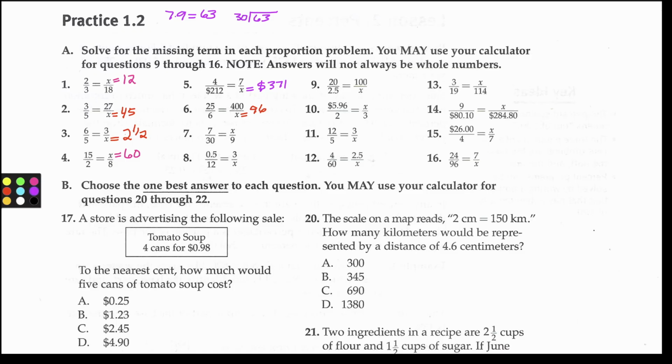So how many 30s are there in 63? It looks like we have only 2 times, right? So 2 times 30 is 60. Write 60 here and subtract. I have 3 left. So to write the answer, I have a big 2 and then the 3 remainder on the top over the 30.